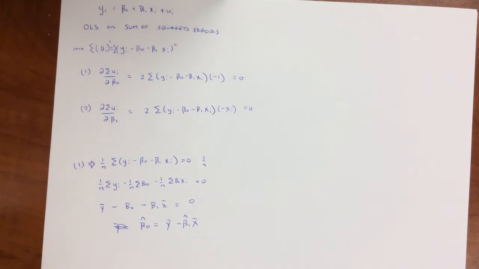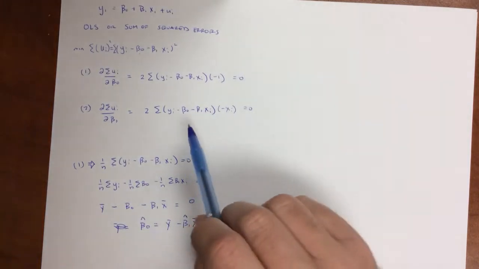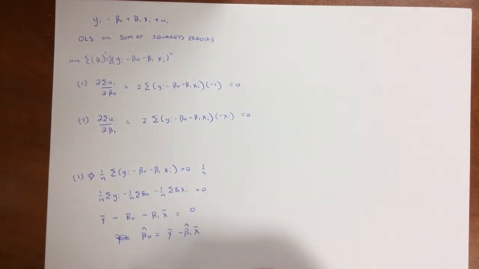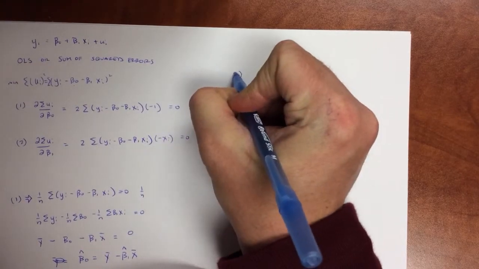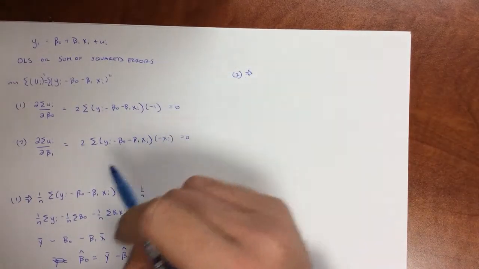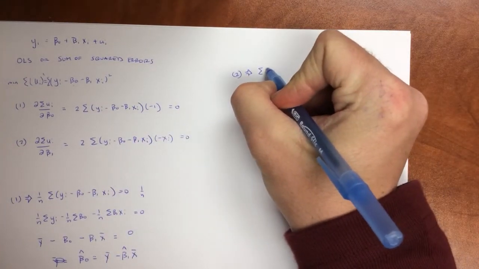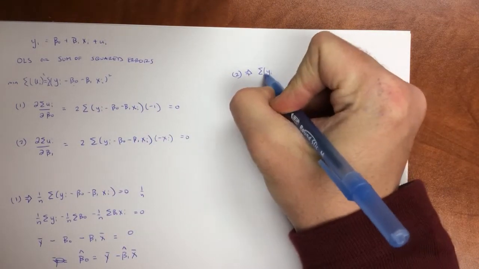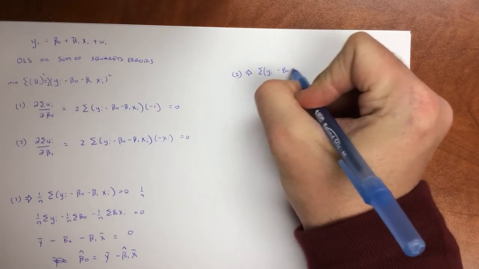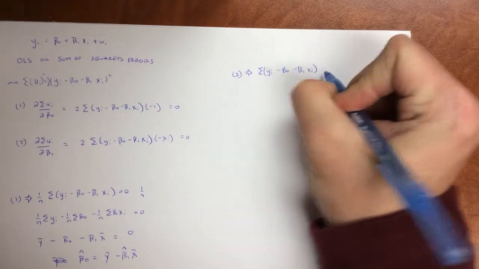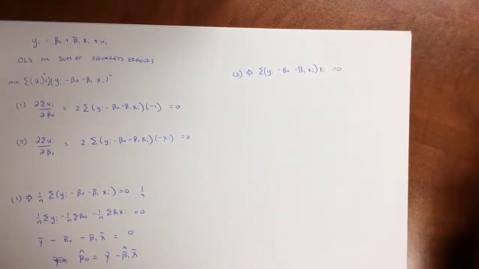Now, what is the next step? We solved for beta naught hat. Now we need to solve for beta 1 hat. So our second order condition tells us that, if I divide each side by negative 2 and then multiply by x_i, I get the summation of y_i minus beta naught minus beta 1 x_i, times x_i, equals 0.